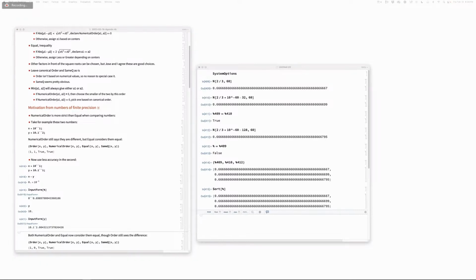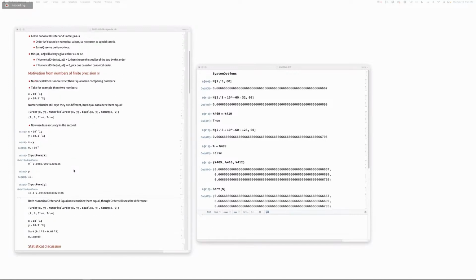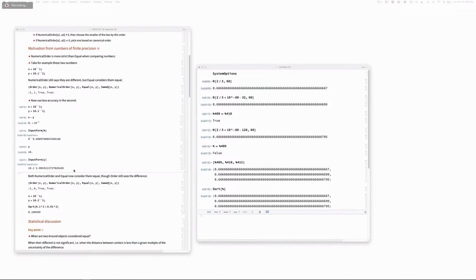Min will just be based off the choice that you use for numerical order. It will just take whatever the result of numerical order is, if it's 1, -1, or 0, and either swap them or give you the first one. So Min is just a consequence of numerical order.